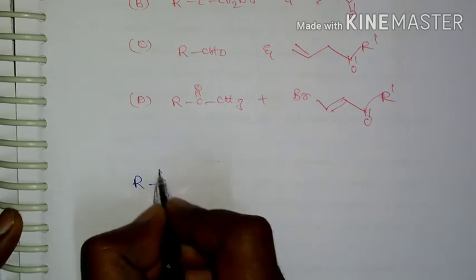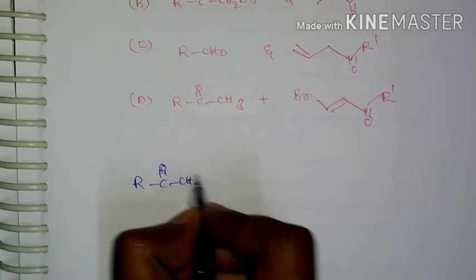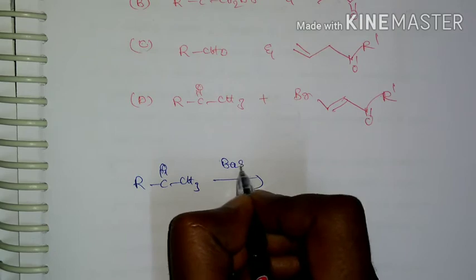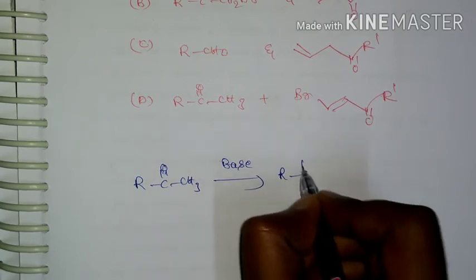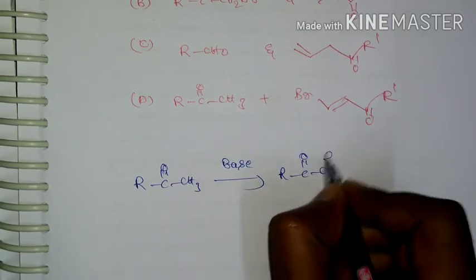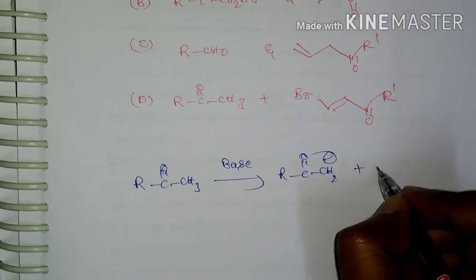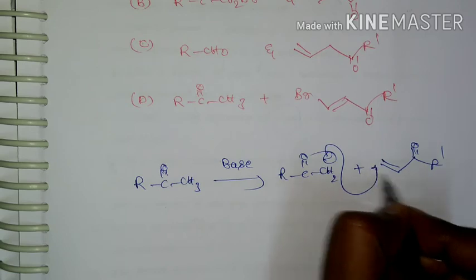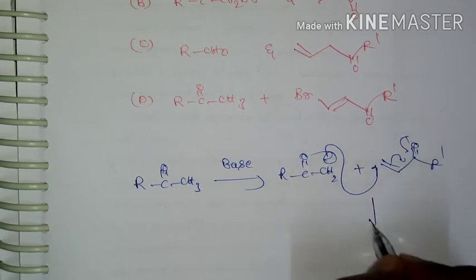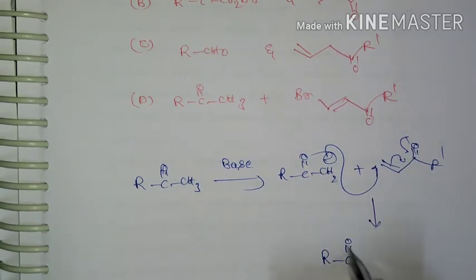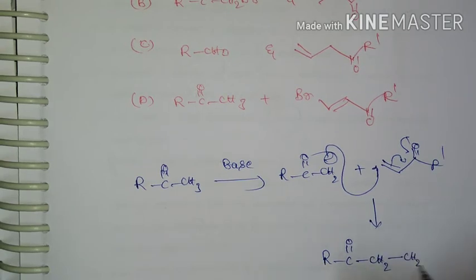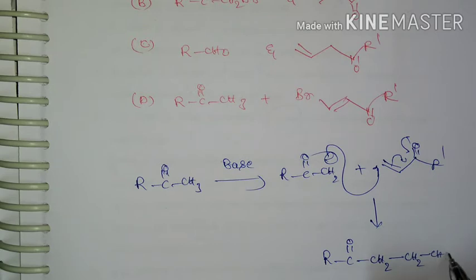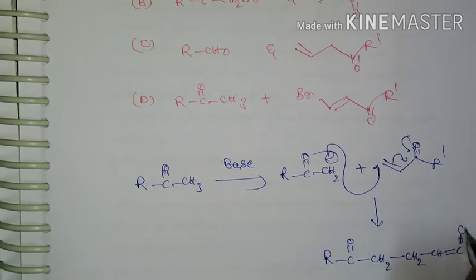If you consider RCOCH3 and treat it with base, we get an anion, and if this is treated with an alpha beta unsaturated carbonyl compound, then we get RC=O, CH2, CH2, CH=O minus.